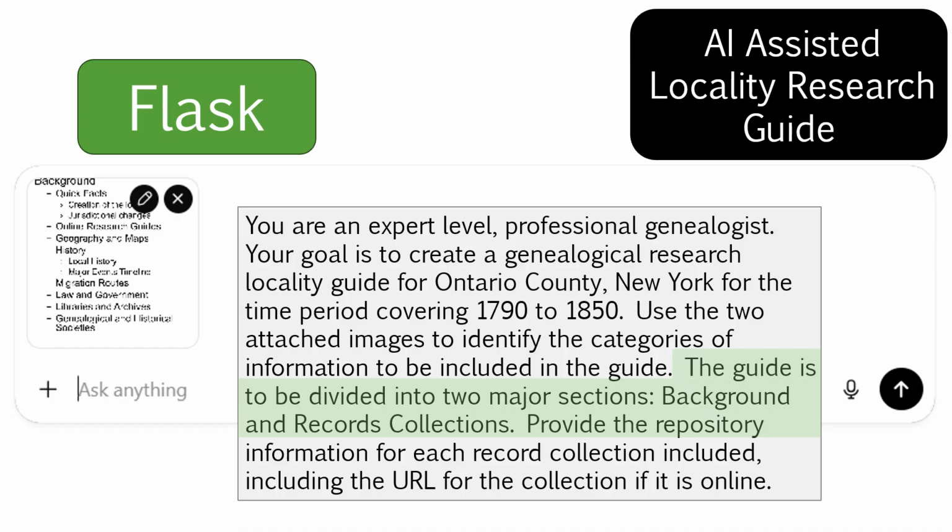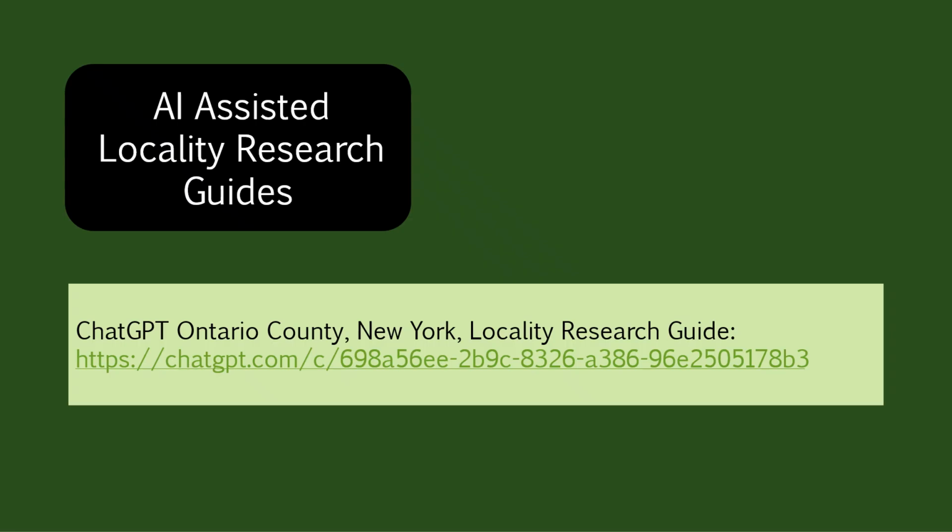It doesn't take long, and it does a great job. So it's got its role, it's got its goal, it's got its context, it's got its task, and it's got its format. Go to work. It did a great job. It especially did a good job on the background information, all that historical stuff. Very good. Records collections, it did a lot of census records, FamilySearch, Ancestry, probate records, FamilySearch, Ancestry, and it just gave me the generics.